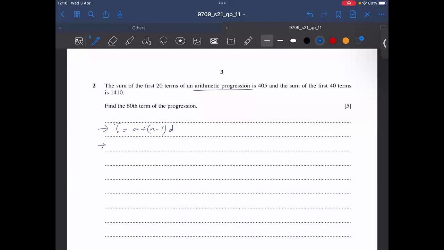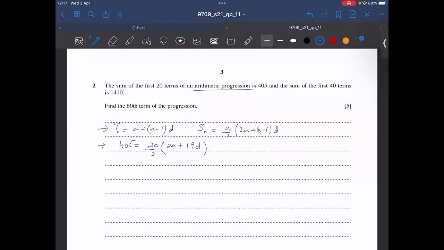So for that, we have been given the sum of the first 20 terms, and that is 405 equals 20 over 2 times 2a plus 19d. We have the formula for the sum of the first n terms as n over 2 bracket 2a plus n minus 1 into d.